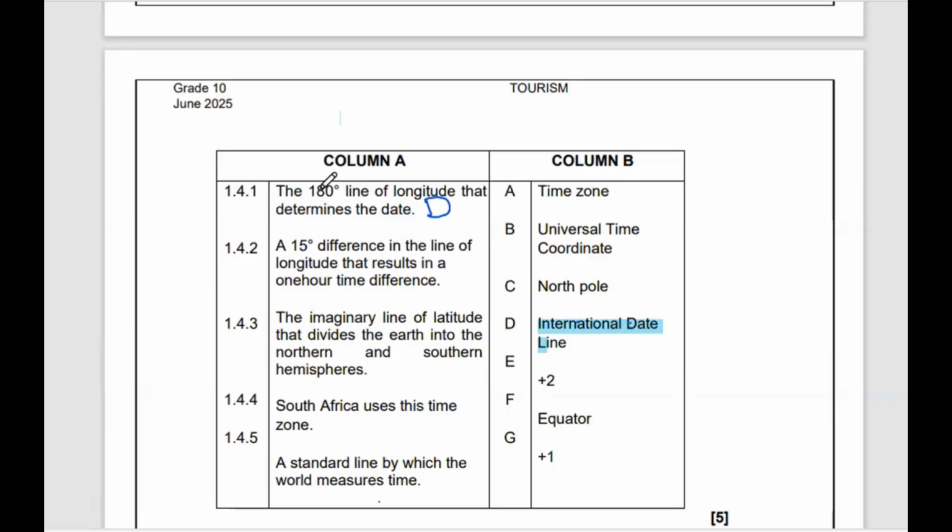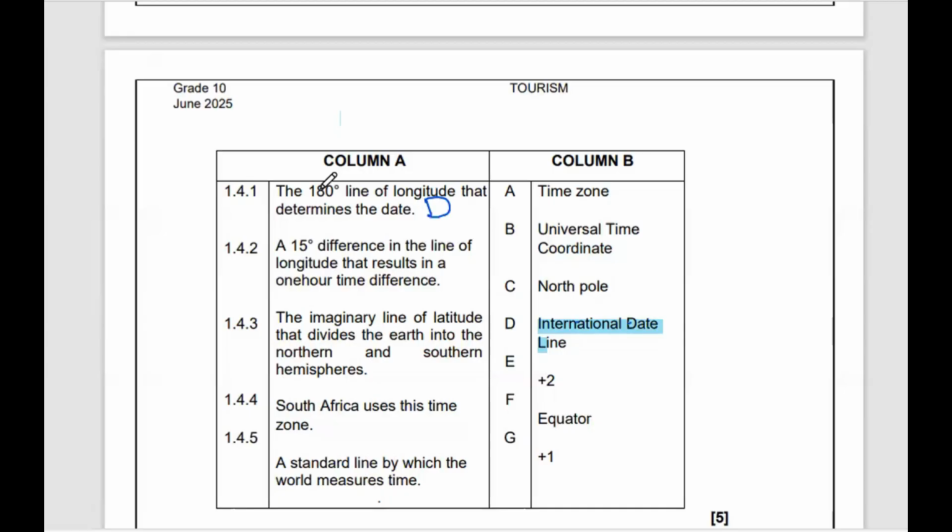So one or two facts which I can add about the dateline. When you cross the dateline from west to east, you actually get ahead in time. You might lose a day. And when you do the opposite, when you cross the dateline from east to west, you might gain a day.